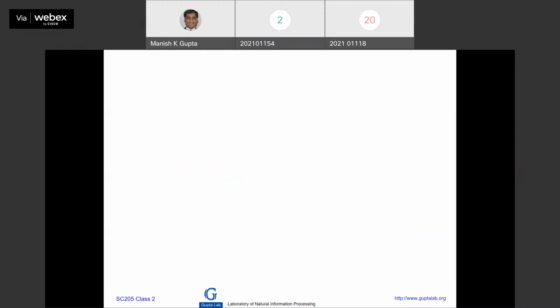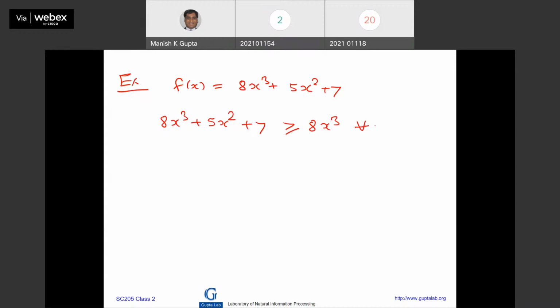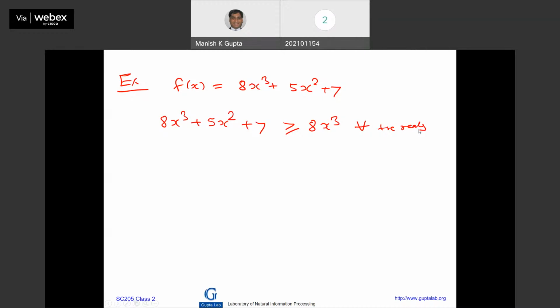But before that, let me give one simple example. Suppose f of x is equal to 8x cube plus 5x square plus 7. Now, since 8x cube plus 5x square plus 7 is at least 8x cube for every positive real, this quantity will always be greater than 8x cube, right?